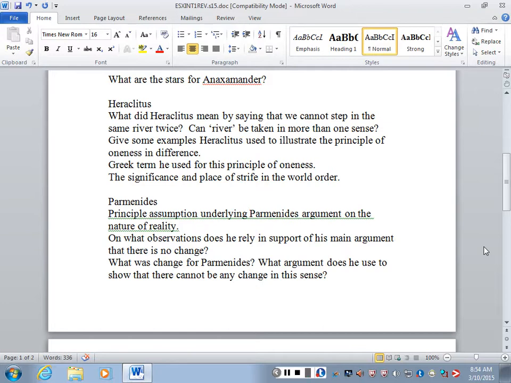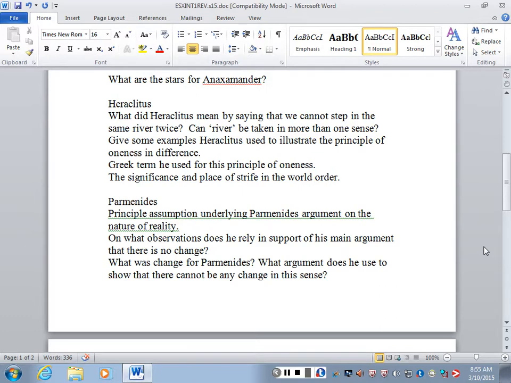You know, we can't step in the same waters twice because they're constantly moving. I think your book throws the other wrinkle in there that we're constantly changing as well.